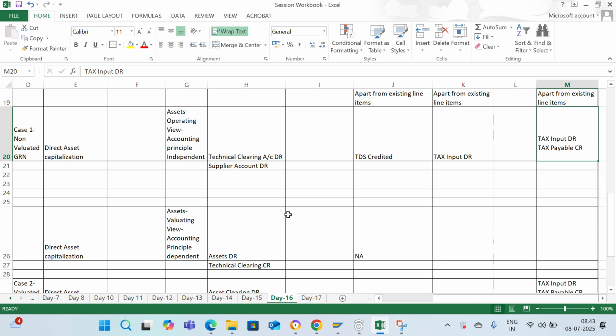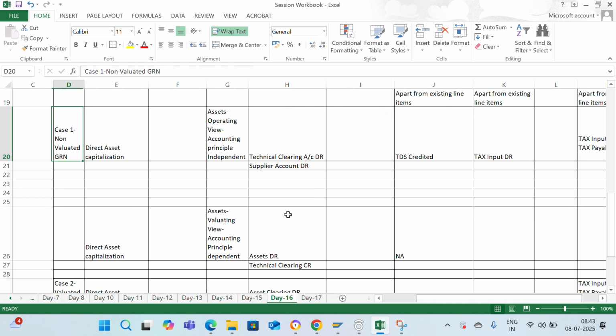So let us try to understand. Case 1 is for asset capitalization PO, wherein the GRN is non-valuated, means the accounting entry is not posted at the time of booking goods receipt. Then the accounting entries should get booked for asset capitalization at the time of invoicing.